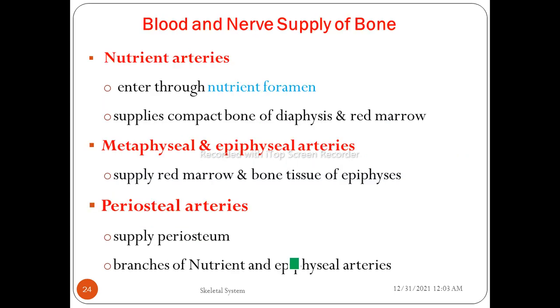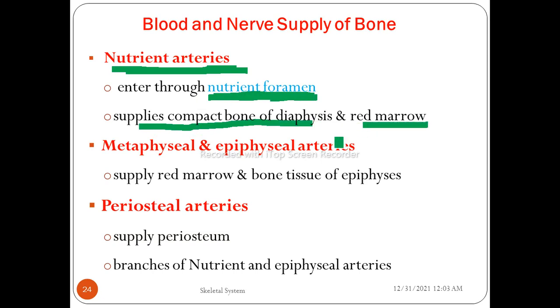Now let's look at the blood and nerve supply of the bone. The first is the nutrient arteries, which enter the bone through a hole called the nutrient foramen. They supply the compact bone of the diaphysis and the red bone marrow.